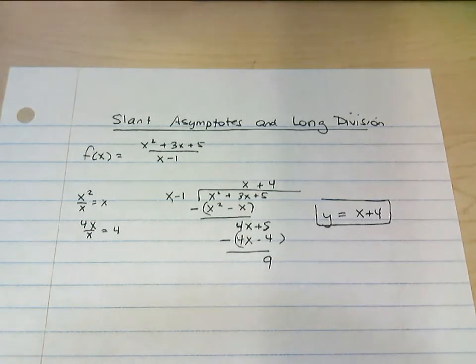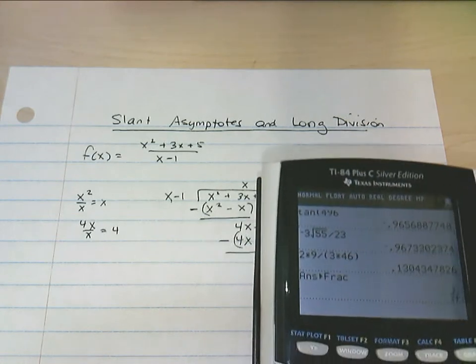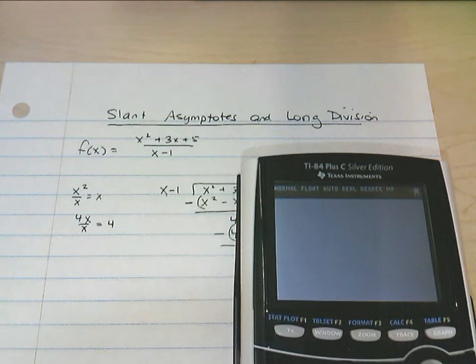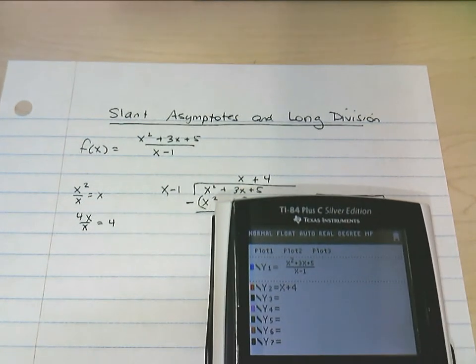To show you how that works on the calculator, I'm going to go to my y equals, and I'm going to graph the equation that I started with. So x squared plus 3x plus 5 over x minus 1.